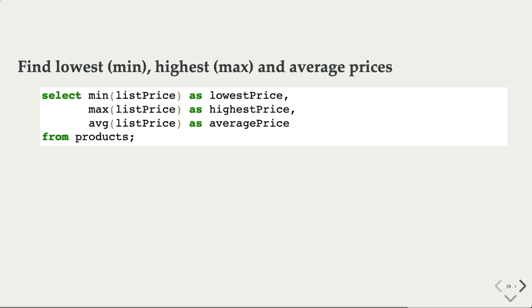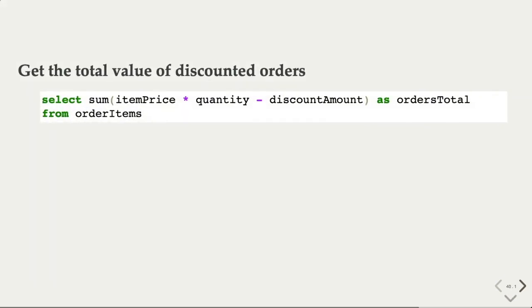So for example, from the products table, perhaps you want to see what is the lowest list price, what is the highest list price, and what is the average price. You can use min, max, and average to run the statistics. But all these are about a single column. Sometimes the value that you try to find out is a combination of multiple columns.